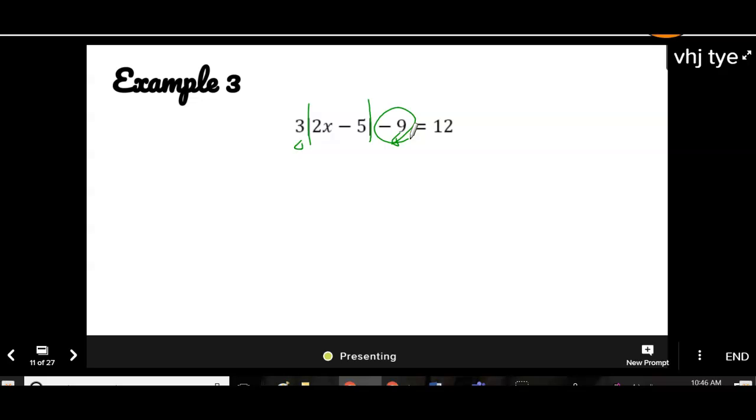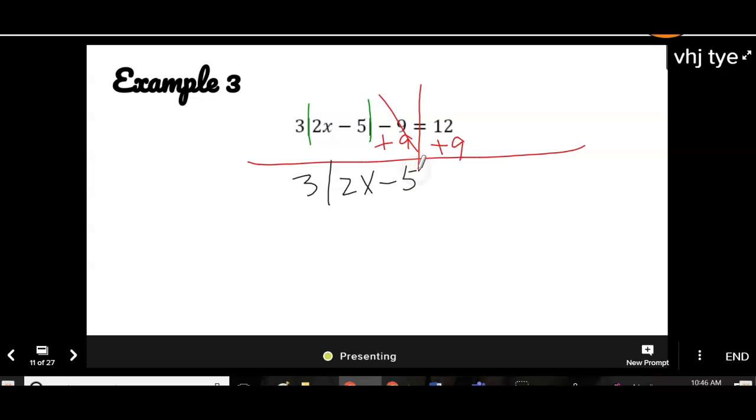So get rid of -9 first by adding 9. Do the same on the other side of the equal sign. And bring down whatever you haven't touched. On the other side, add up the two numbers.